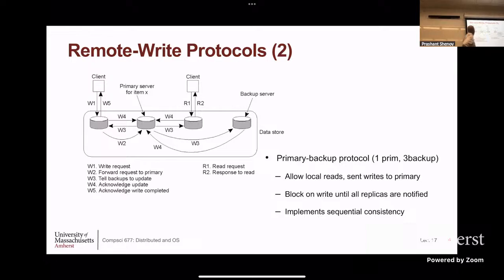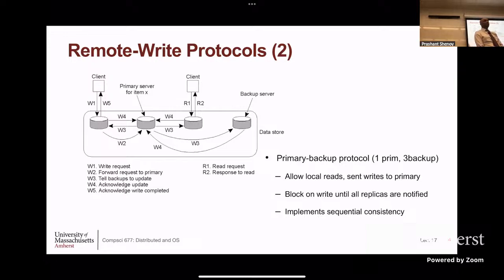Lots of arrows, but when the client sends the write, W2, it goes to the primary. The primary is going to broadcast the write to all the copies. You will see W3, there are 3 arrows, so it went out to 3 of the other disks. And then you get back acknowledgements. Once you hear back from all the replicas, you return a result back to the client.